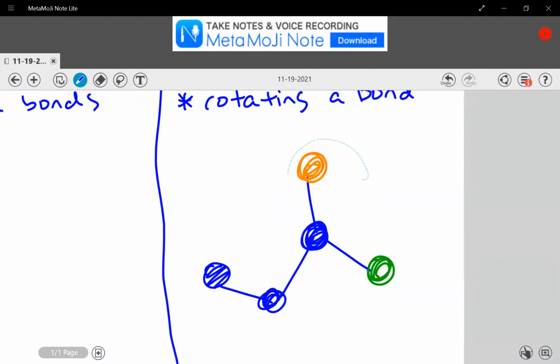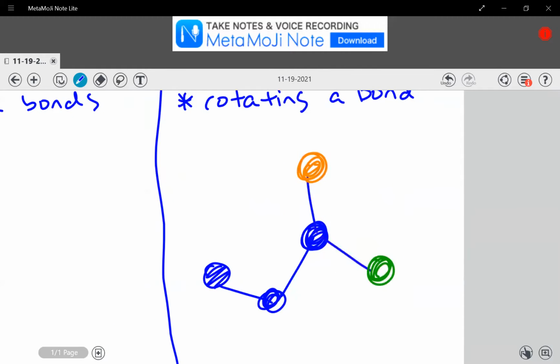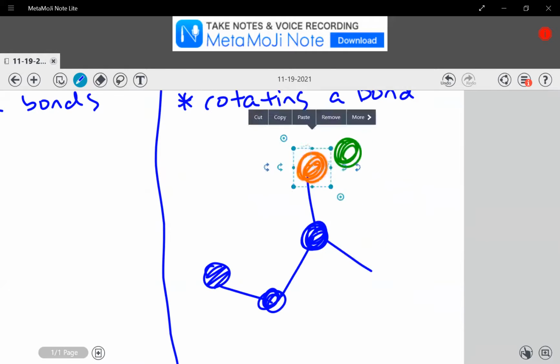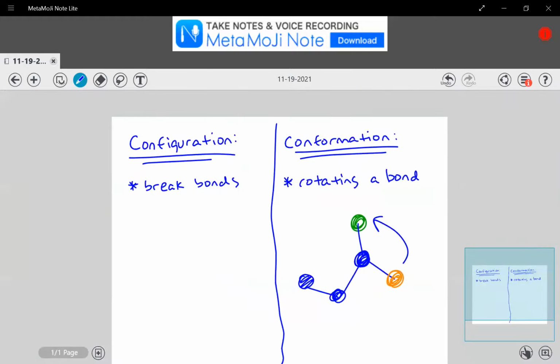Now what we're gonna do, just gonna rotate them, okay? Rotate. I know that there's probably more stuff that's rotating, but for simplicity's sake. Yay, they rotated. See, they rotated that way. That would be a conformation, right?